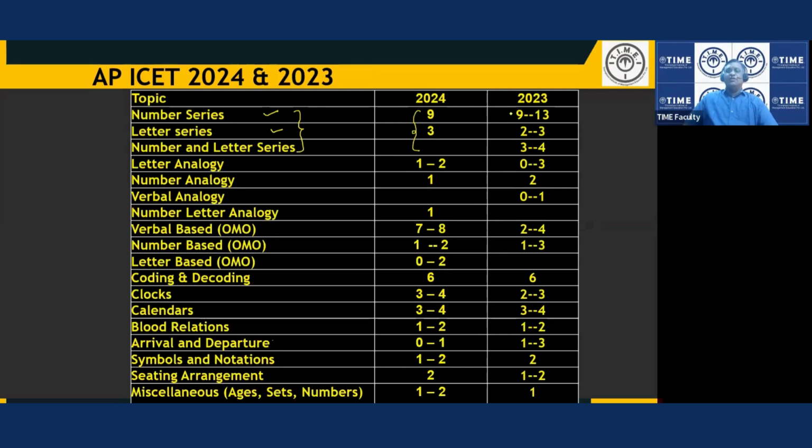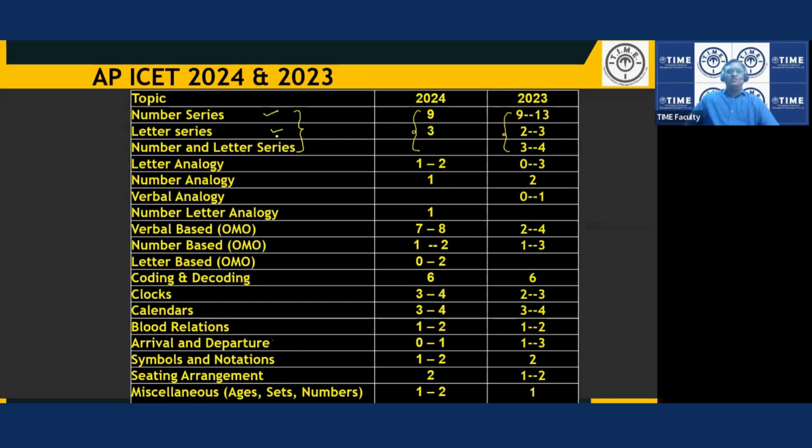But in 2023, there were nearly 13 or 14 questions. Just a difference of 1 or 2 between the two years, not a marginal difference. So overall, we can easily say 10 questions minimum from this topic.